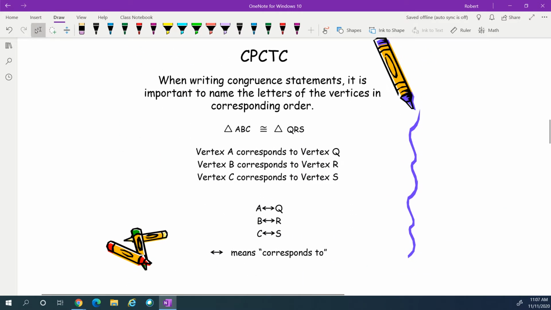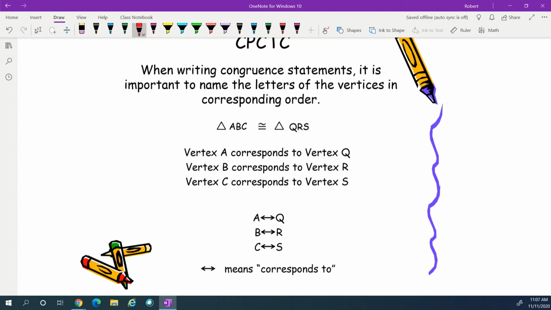What does CPCTC really allow us to do? Well, it allows us to identify the corresponding parts and then conclude that they are congruent. So here, if we had triangle ABC is congruent to triangle QRS, what I like to do is kind of number these. So ABC, first letter, second letter, third letter. QRS, first letter, second letter, third letter.